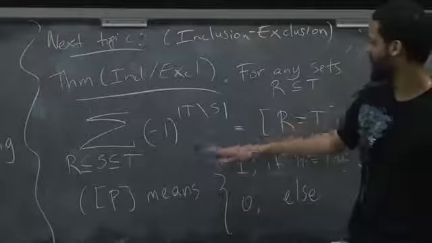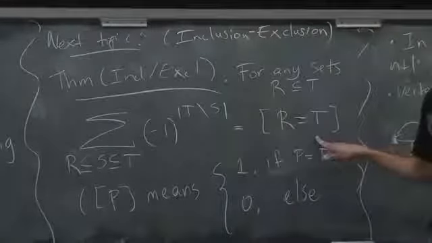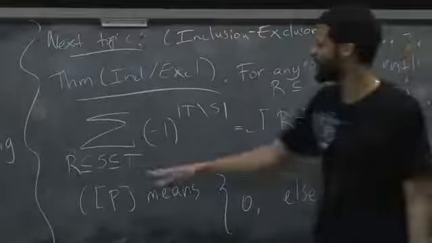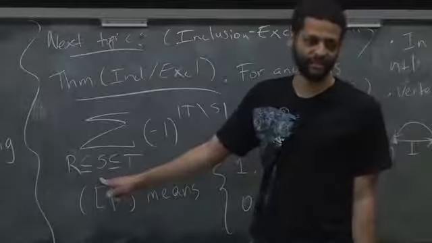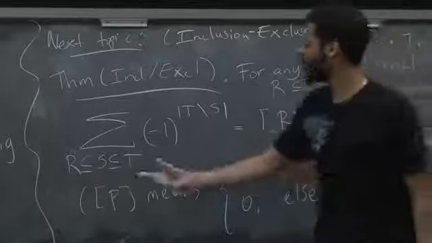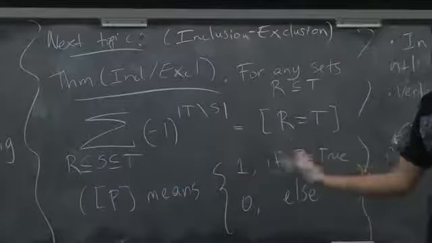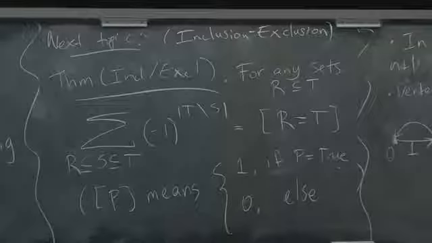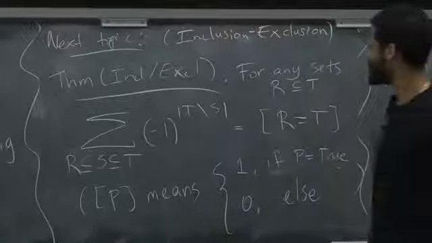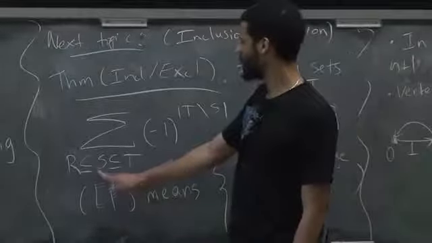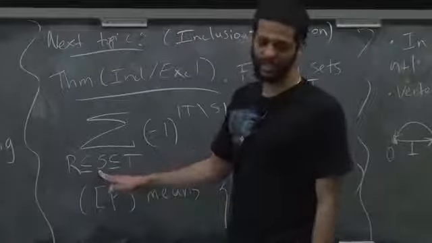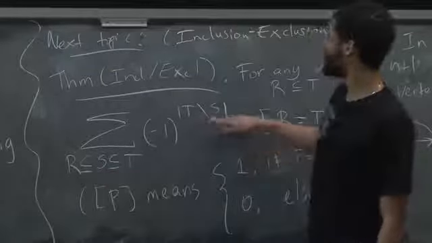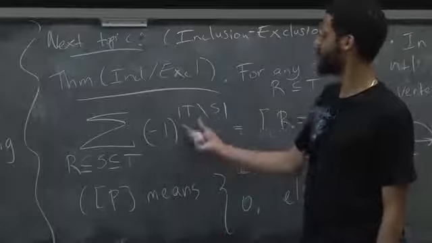So this summation is going to be 1 if R is equal to T, meaning there's only one set in the middle, namely T itself. And if R is not equal to T, then this summation is 0. And why is that? Well, if R is equal to T, as I said, the only thing in the middle is S equals T, in which case this difference has size 0, and (-1)^0 is 1.